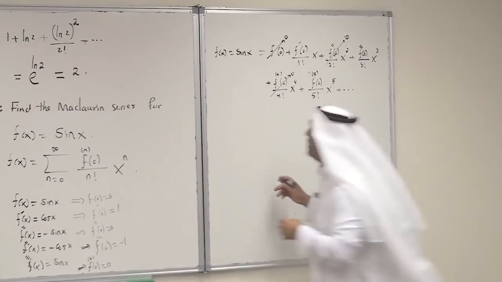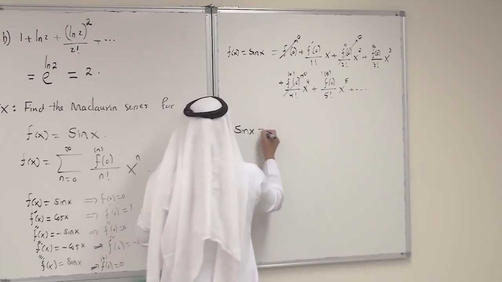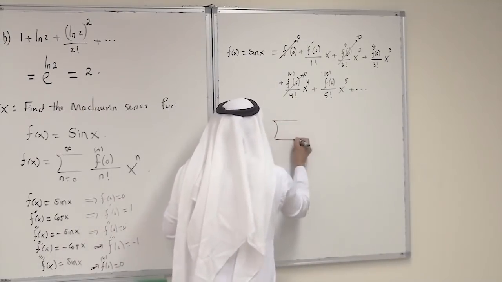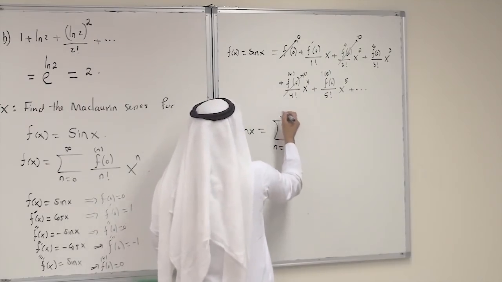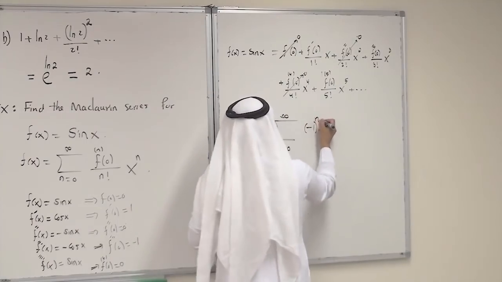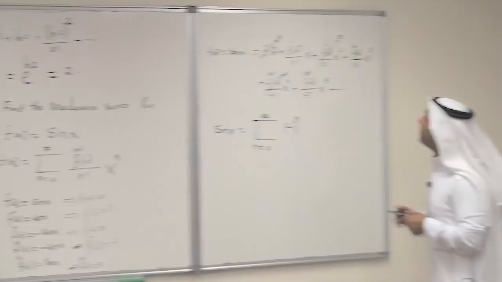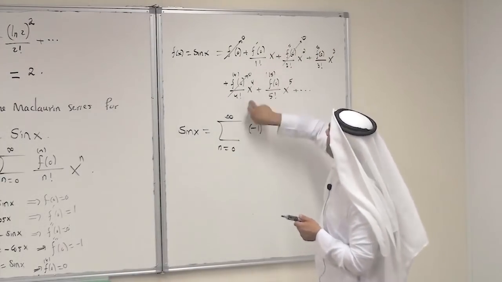So what is the end of the calculation here? It says sine of x seems to be involving only the odd number terms, so this is the sum from n equal to 0 up to infinity. I need to express it as alternating, minus 1 to the power n. Why minus 1 to the power n? Because I start with the positive one, starting from 0: positive, negative, positive, negative.